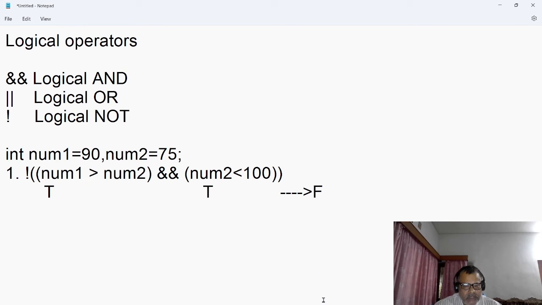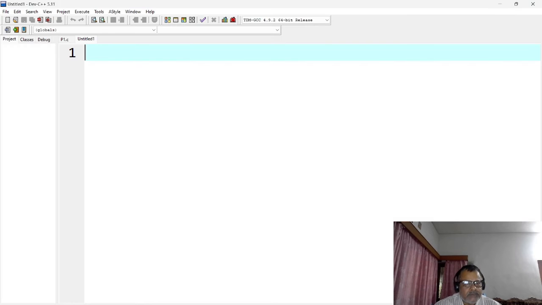Now I want to write a program on the basis of this, so that we can try to understand what will happen. As you know, the first line must be this.